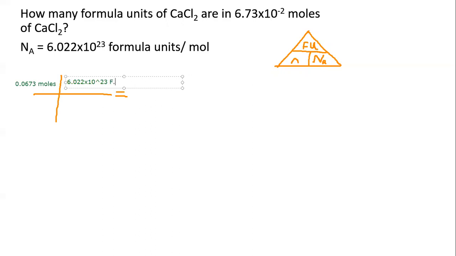And again, I use the abbreviation for formula units, and that's in 1 mole. So now again, we need to multiply. Make sure you use parentheses. So 0.0673 times parentheses.